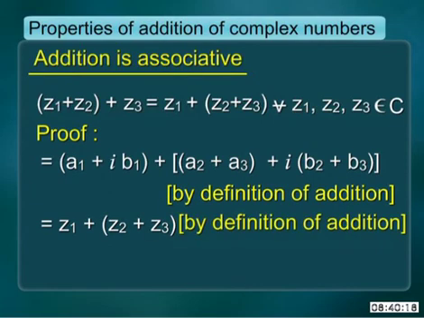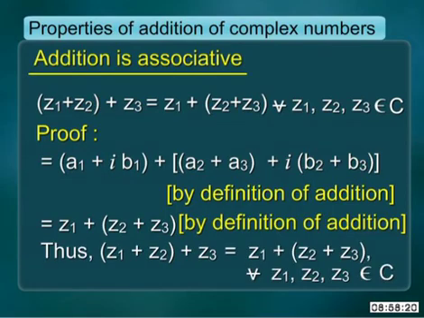Again, by the definition of addition, we get Z1 plus Z2 plus Z3 is equal to Z1 plus Z2 plus Z3.